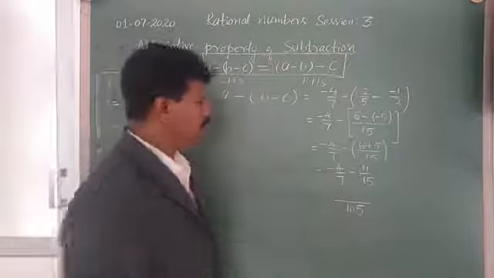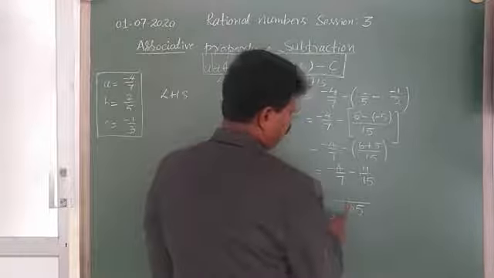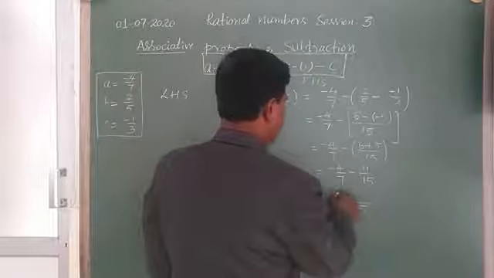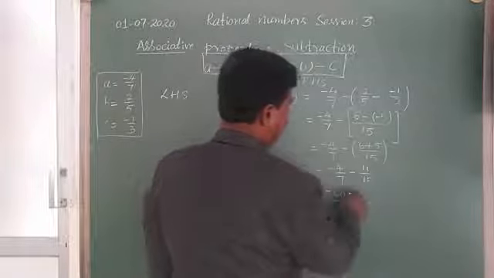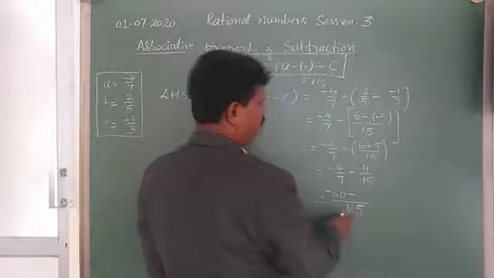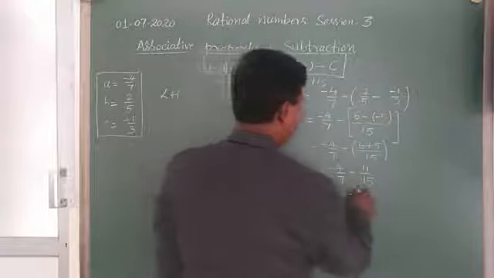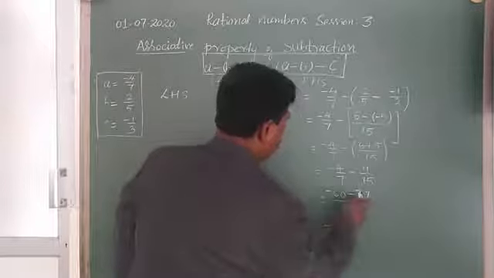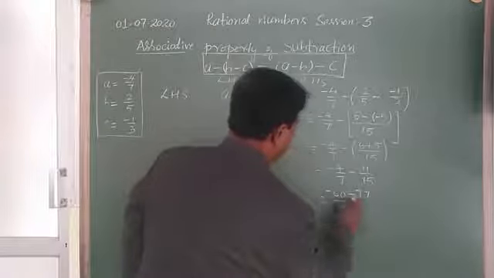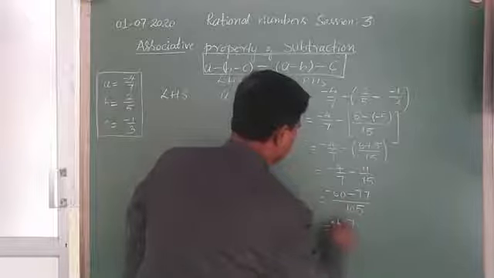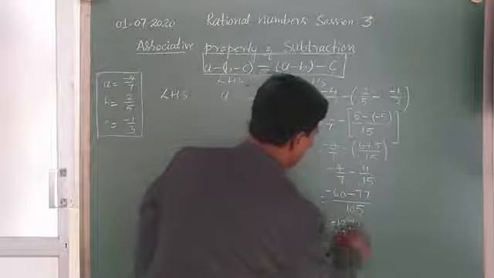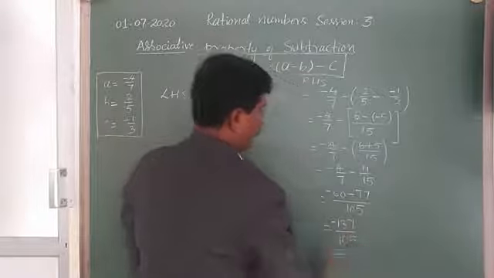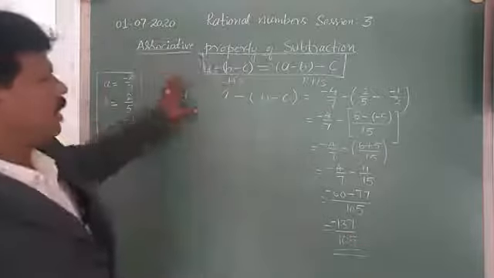So 105 is the LCM. 7 divides 105 15 times. 15 fours are 60, minus 60. 15 divides 105 seven times, so 11 sevens are 77. So your LHS is minus 60 minus 77, that is minus 137 by 105. So this is what the LHS is.